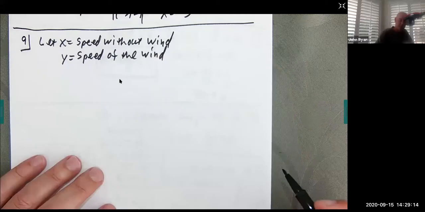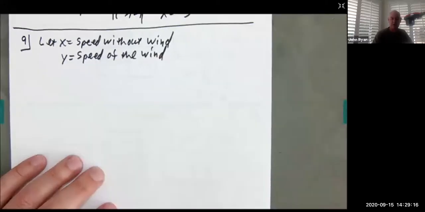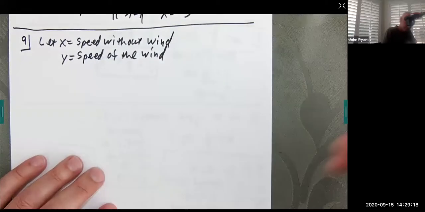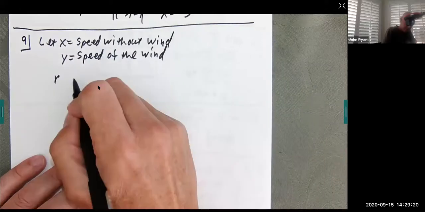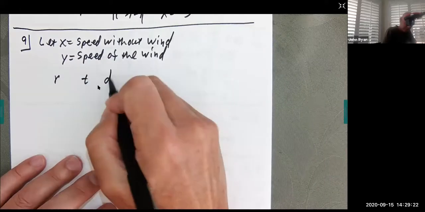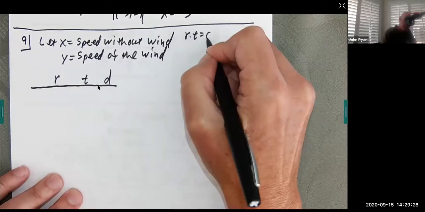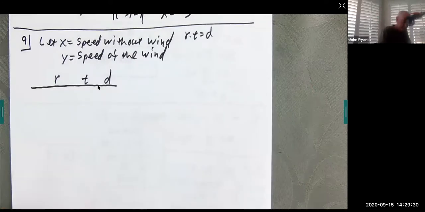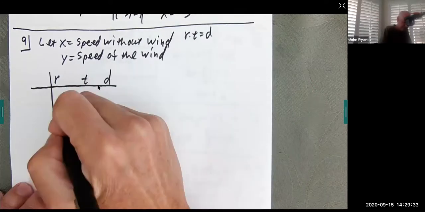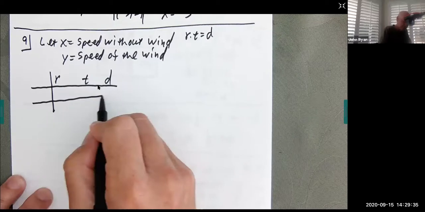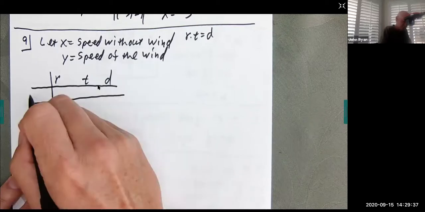And I'm going to set up a rate, time, distance table. Because we're going to use our old friend, rate times time is distance. We have 2 scenarios here. We have into the wind and with the wind.